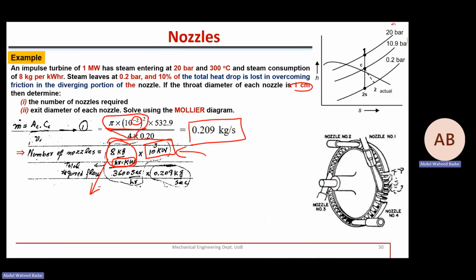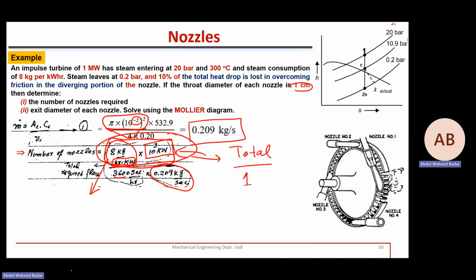It means this is the mass flow rate for 1 kilowatt. And there is hour, so convert this hour into seconds, 3600 seconds per hour. And this is the mass flow rate from one nozzle. So this term represents the total mass flow rate, divided by that from one nozzle.